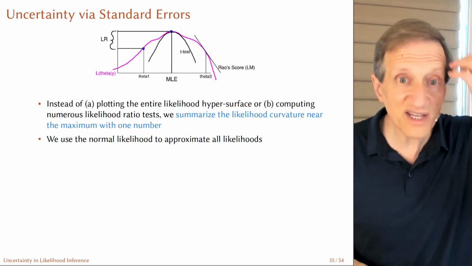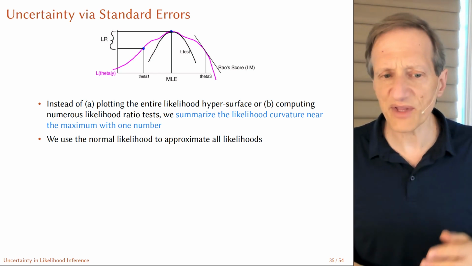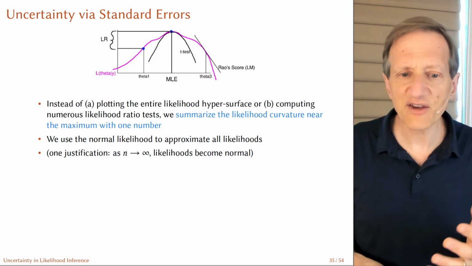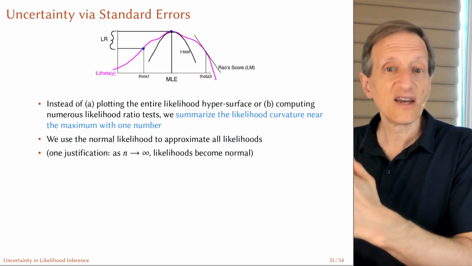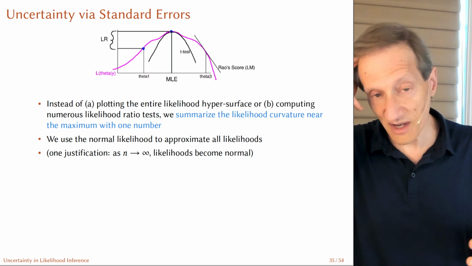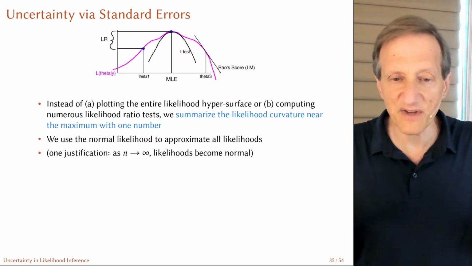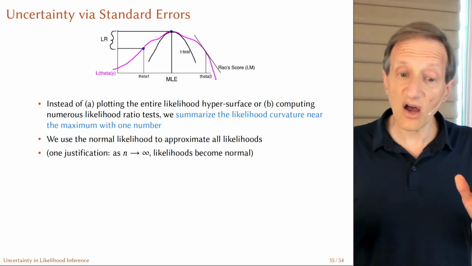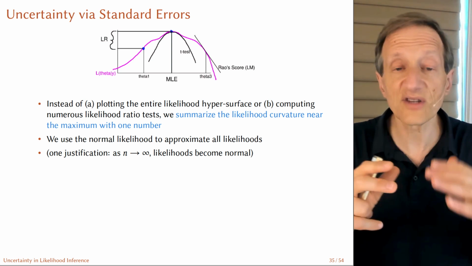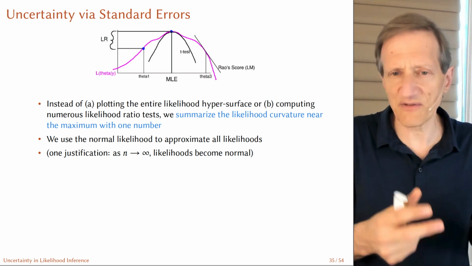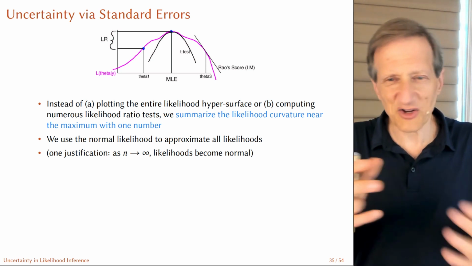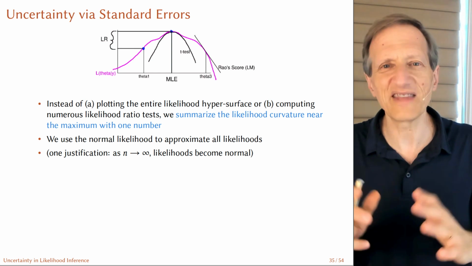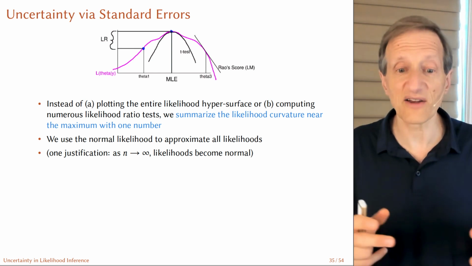And there's going to be a reason to do that because of the central limit theorem. One justification is that as n gets larger, all likelihoods become normal, actually, if they fit certain regularity conditions. So we're going to use the normal as an approximation. It's always an approximation for a finite sample, so I don't know whether our sample's big enough yet, but let's not worry about that for now. Right now, it's our approximation.